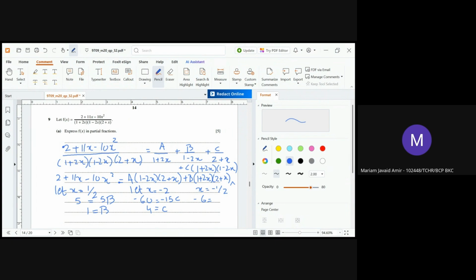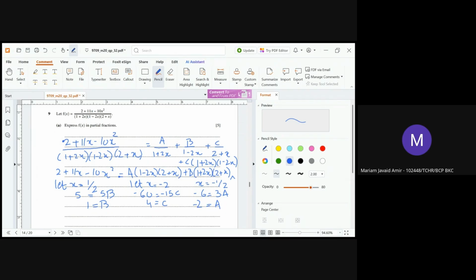Now the c term and b term will become 0, and we will be able to find the value of a. The coefficient of a would be 3a, which gives us a equals negative 2.